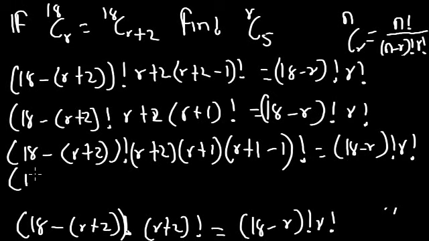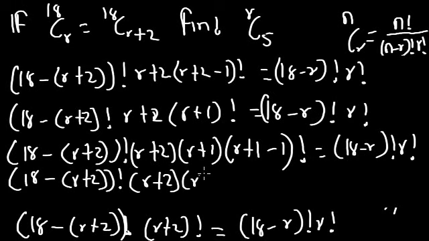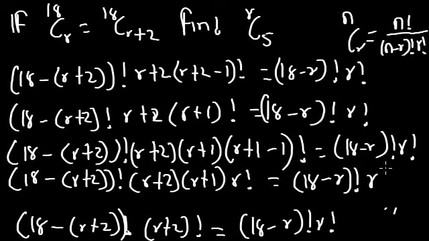Right now, we can get rid of some stuff if we reduce to the least term. So I'm just rewriting that. So I'll have r plus 2, r plus 1. Then this cancels out, just left over with r factorial. So I'm having r factorial equals 18 minus r factorial.